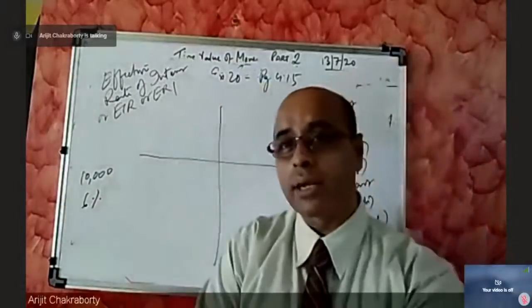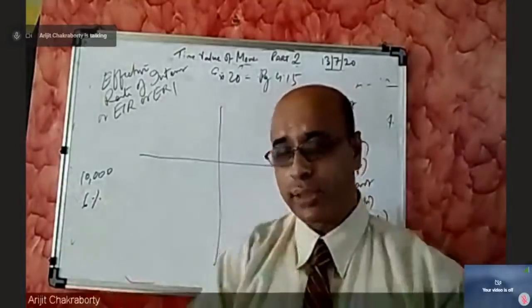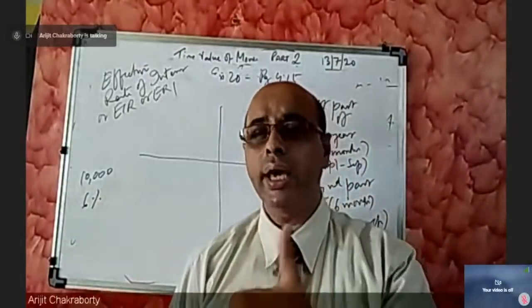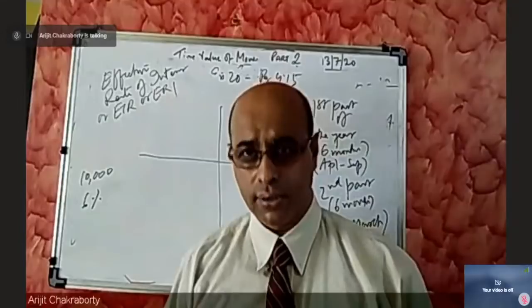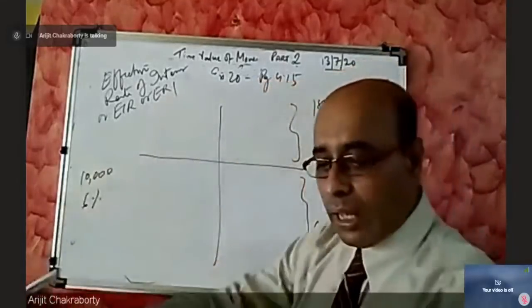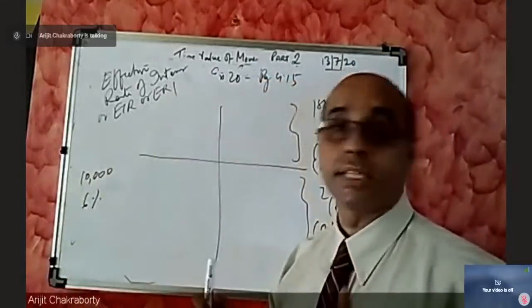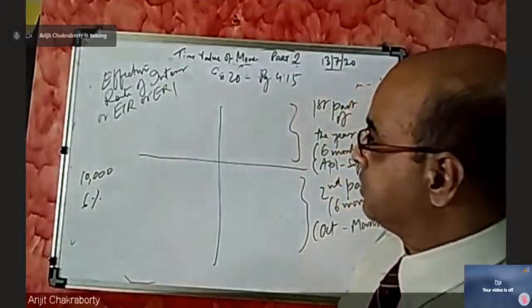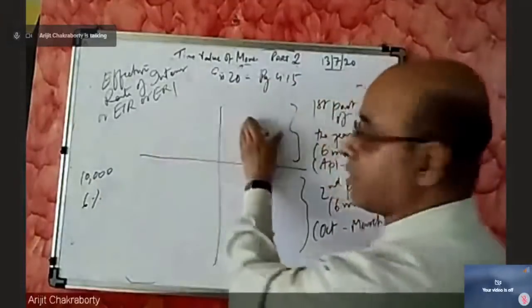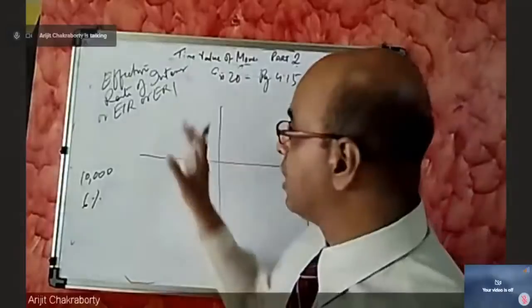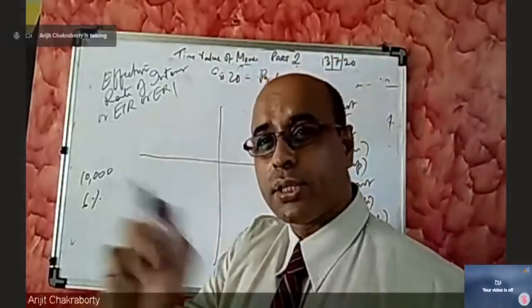Let us calculate together. We are all learning together, enjoying, and learning should be fun, right? Okay. Interest for the first 6 months. So this is my rough sheet, and this is my final sheet. Rough sheet for the scratch pad.